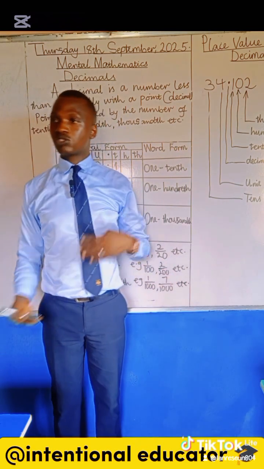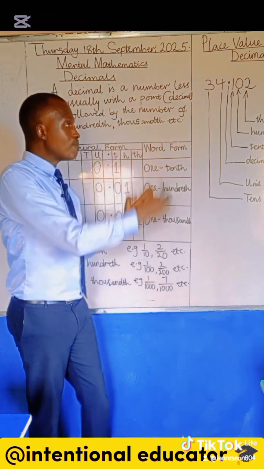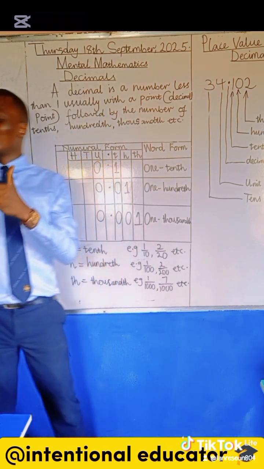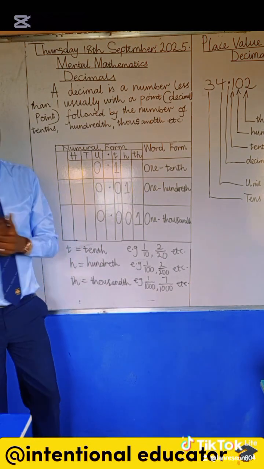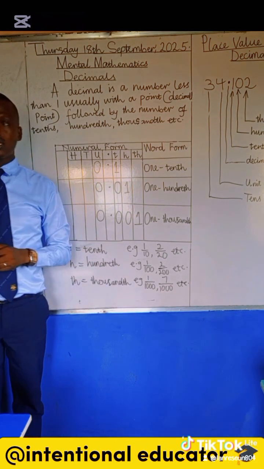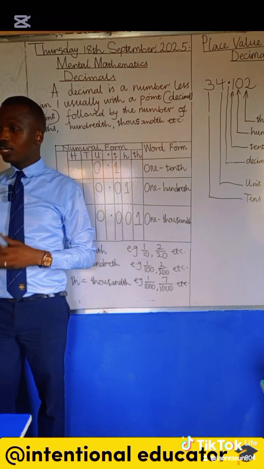We have done our tens of thousand, hundred of thousand, and so on and so forth. So you must understand the place value, that is the arrangement and the positioning of your decimals. Let's not forget that we said a decimal is a number less than 1, and it usually has a decimal point.